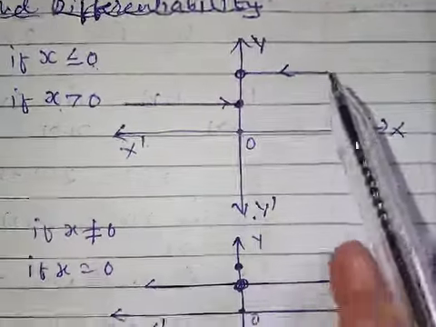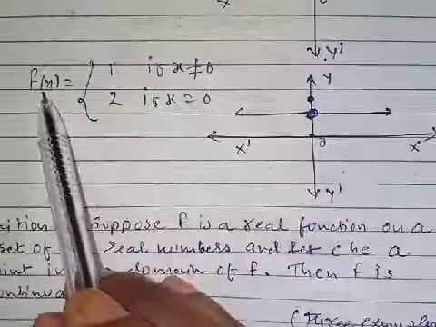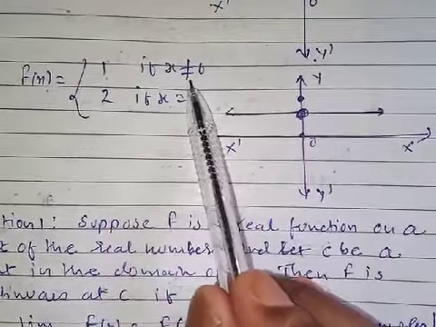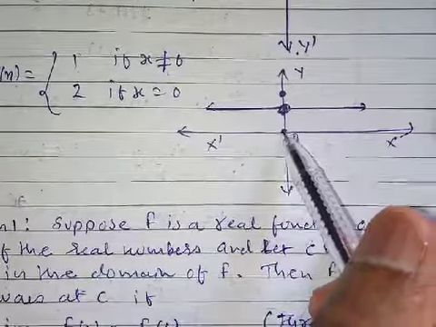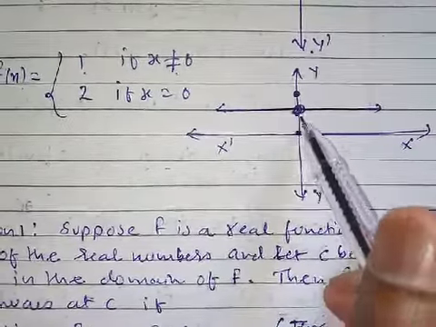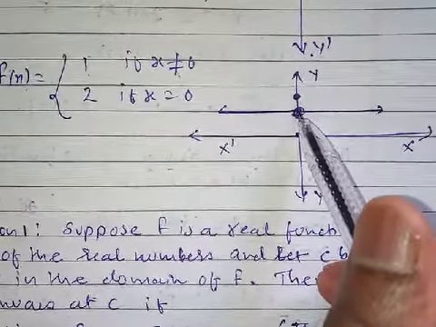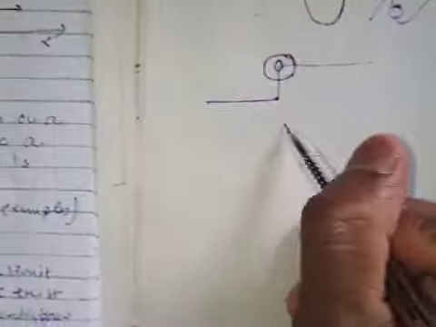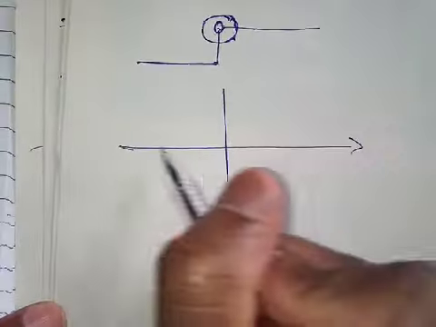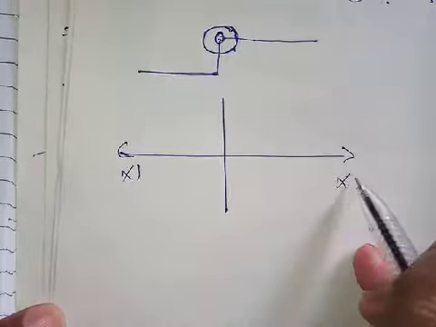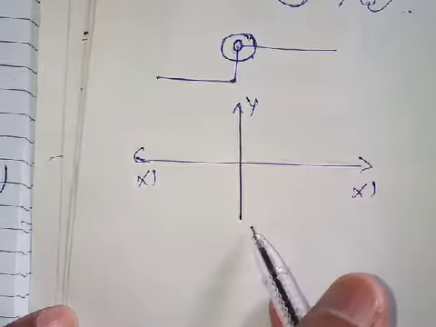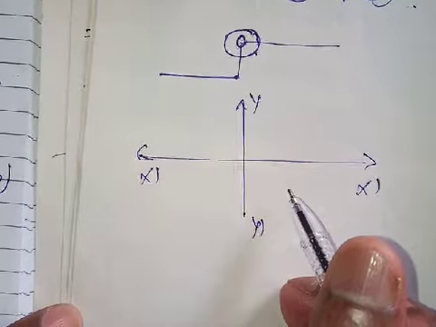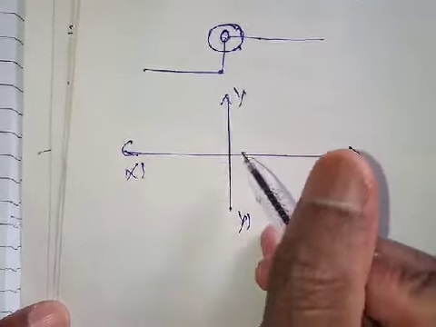Let's take one more example. f of x is equal to 1 if x is not equal to 0, and 2 if x is equal to 0. Draw the graph like this, this is your x-axis, this is your y-axis. f of x is 1 if x is not equal to 0.